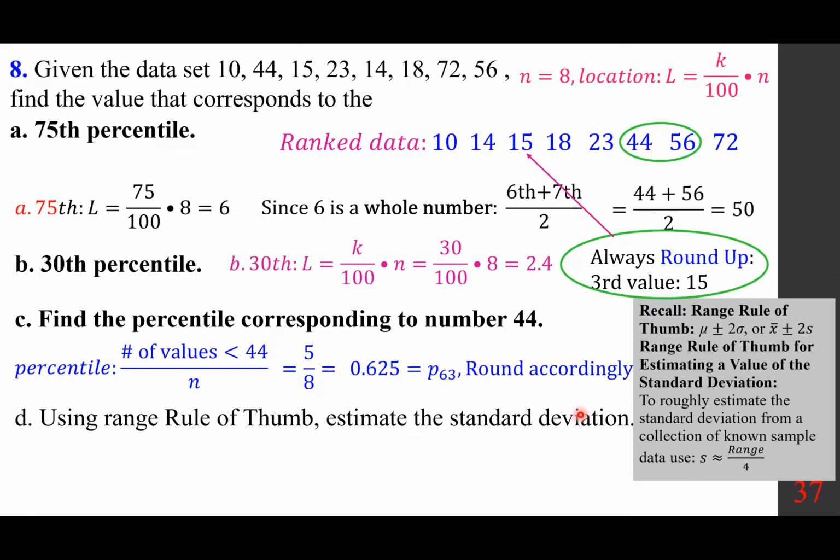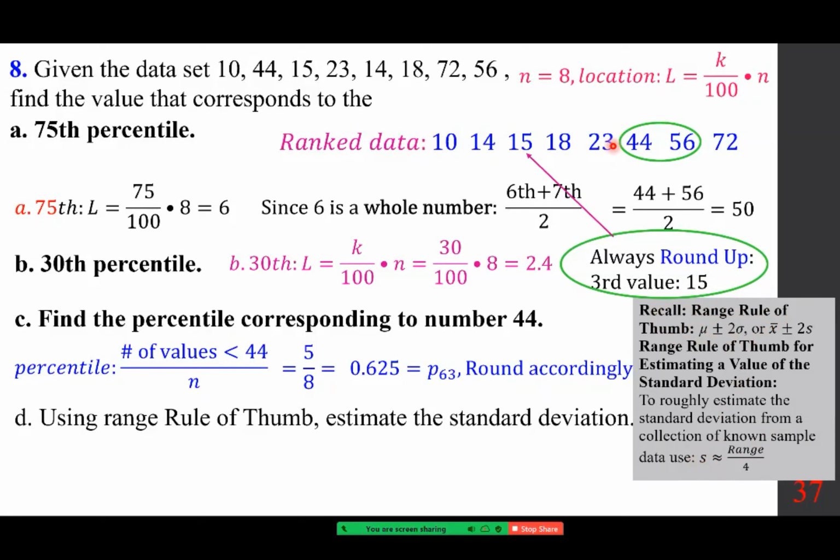Therefore, mu plus minus 2 sigma or x bar plus minus 2s, from the bottom to the top is a total of 4 standard deviations. So if you find the range, which is high minus low or max minus min, divided by 4, that would be roughly the standard deviation if we go by range rule of thumb.